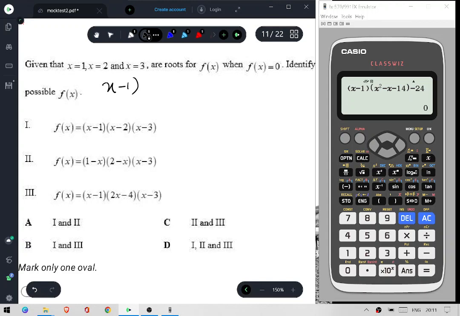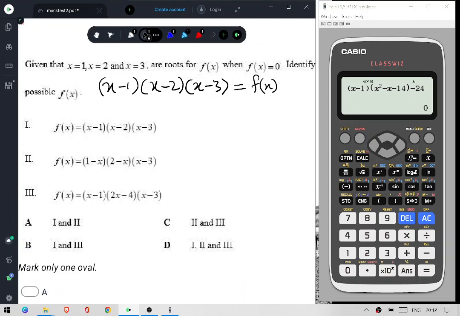X minus 1 is the factor, multiply x minus 2 is the factor, multiply x minus 3 is the factor. So all these three equals to f(x).